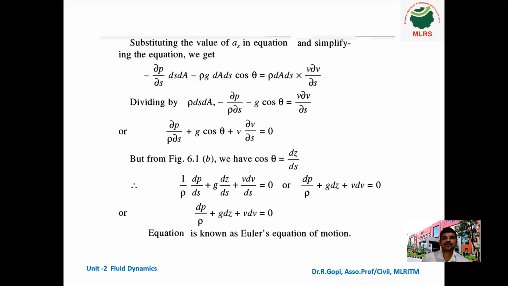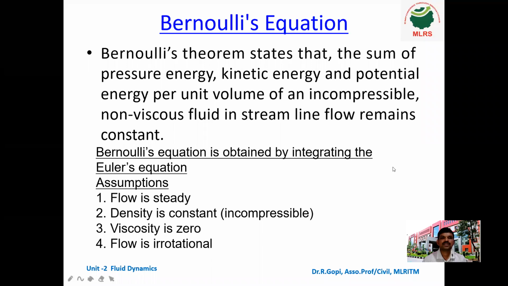Next we have to derive Bernoulli's equation. Bernoulli's equation we derive from Euler's equation only. The integration of Euler's equation is nothing but Bernoulli's equation. First we will see Bernoulli's theorem.